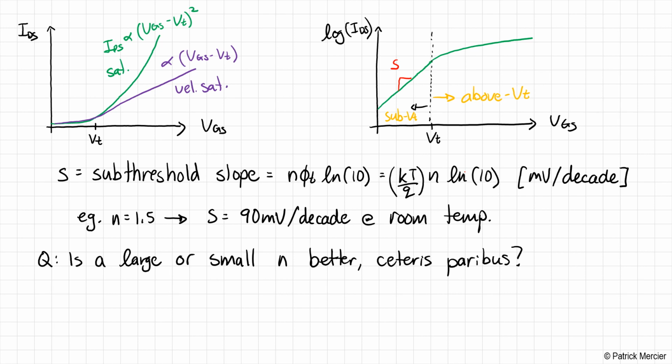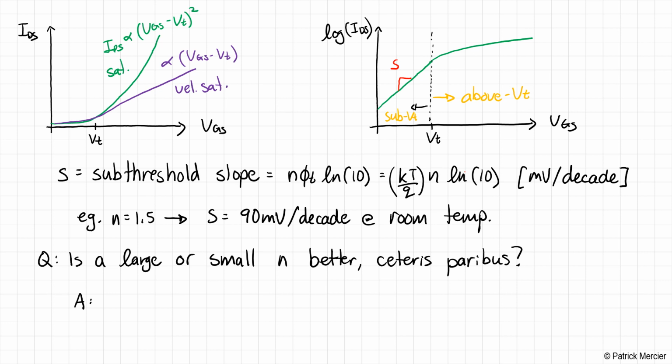So do we want a small n or a big n? Normally we like big numbers, but let's think about this. What does the slope represent? The slope represents the steepness of the transition from above threshold to subthreshold, or from on current to off current.